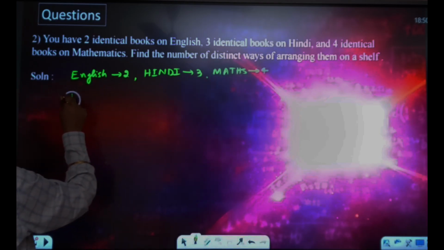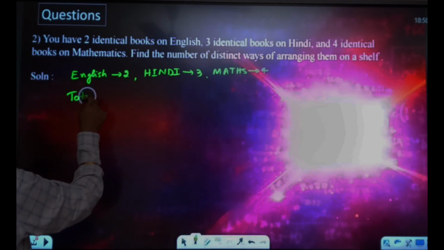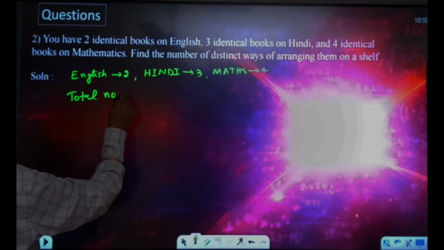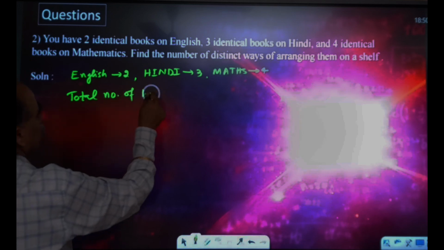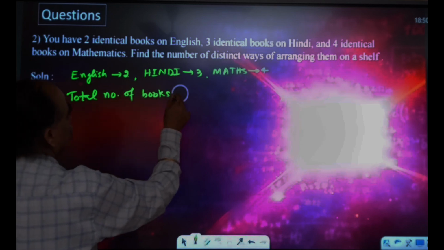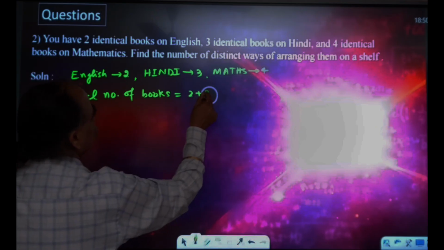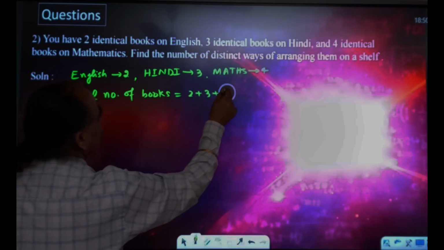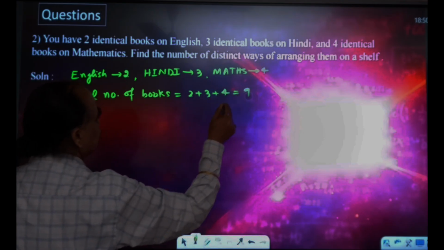So total number of books is what? 2 plus 3 plus 4 is equal to 9.